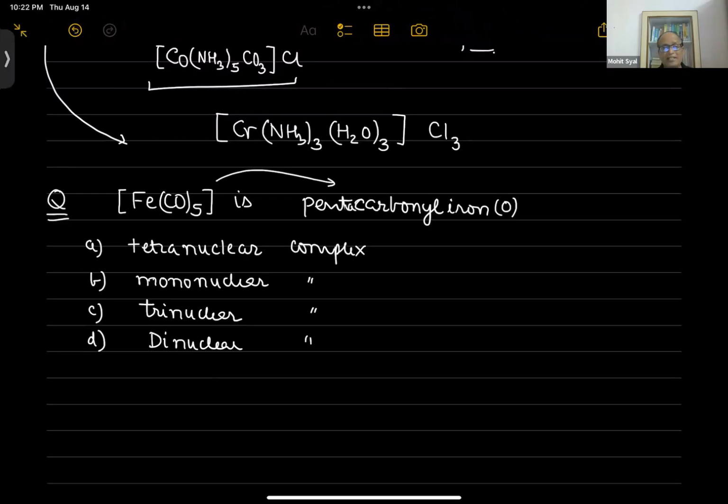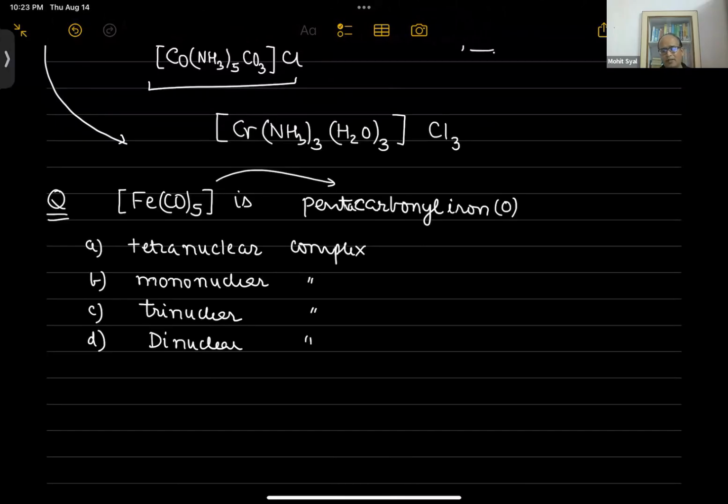This is from your NEET 2018. So this seems very easy, but if you don't know, you can make a mistake. What does this term mean? Got it?